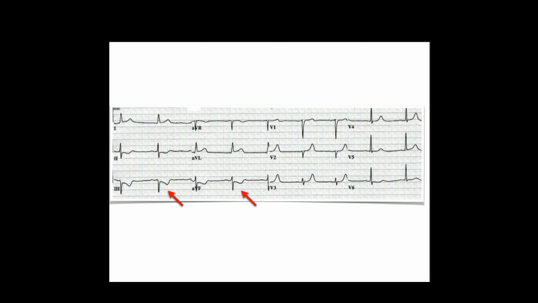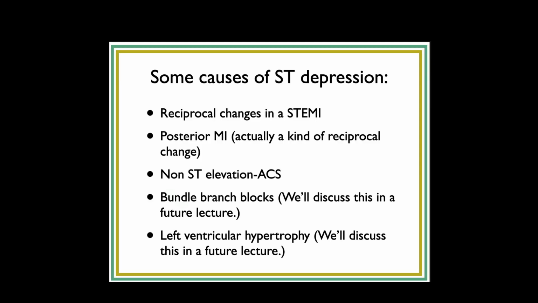Now, some causes of ST depression. So what causes ST depression? We already know the first two, reciprocal changes in a STEMI, and then posterior MI. Natalie, why do I say that's actually a kind of reciprocal change when we see ST depression and we think possible posterior? Because you see depression in V1 and V2, I think it is. Uh-huh. There is a posterior STEMI indication.